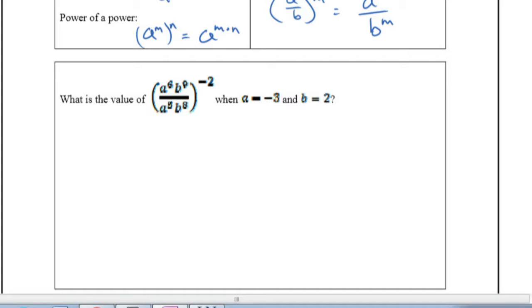Just make sure I get the right exponents. A to the power of 6, b to the power of 2, a to the power of 3, b to the power of 8? I think that's what that says.